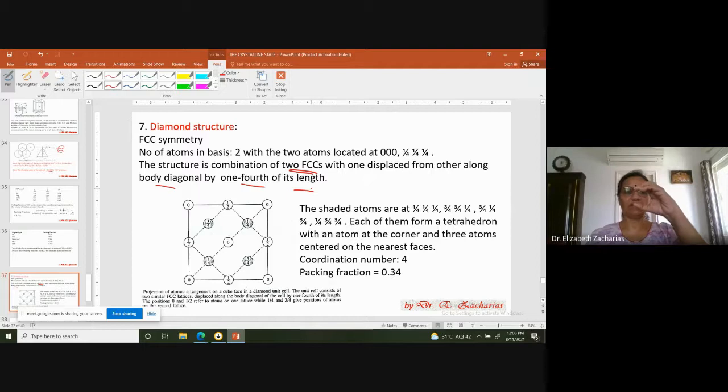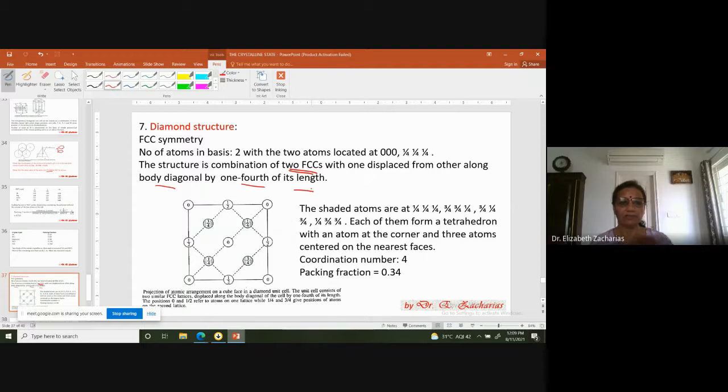This is one FCC. Then you have another FCC moved so that along the body diagonal, the distance between the two corners will be 1/4 of the body diagonal.